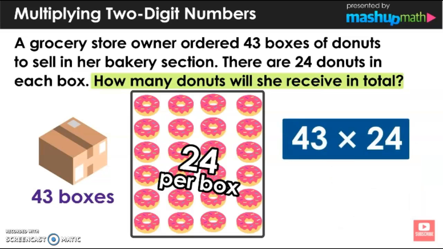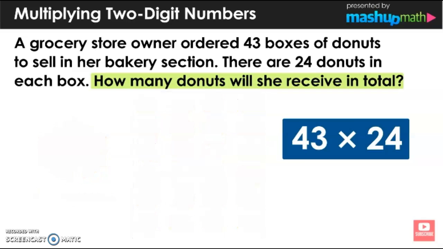Now, it should be fairly easy to tell that we're going to have to multiply the 43 boxes by the 24 donuts in each box to find the total number of donuts. However, if you're a visual learner like me, multiplying numbers like 43 and 24 can be tricky if you don't have a visual model. So we're going to go ahead and create our own and use it to find the product.